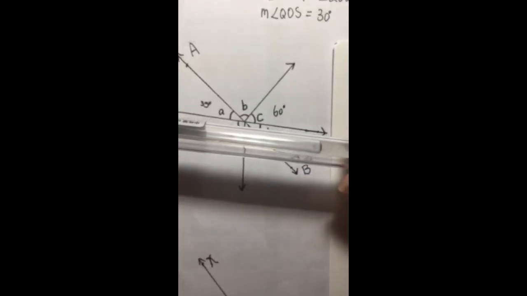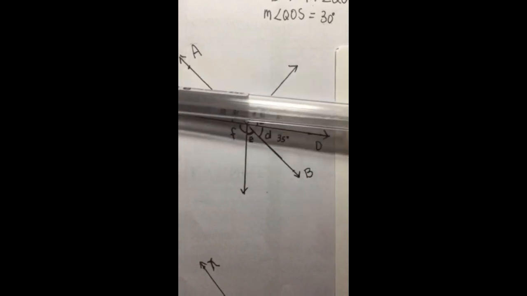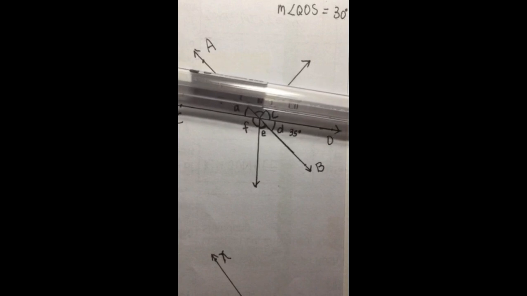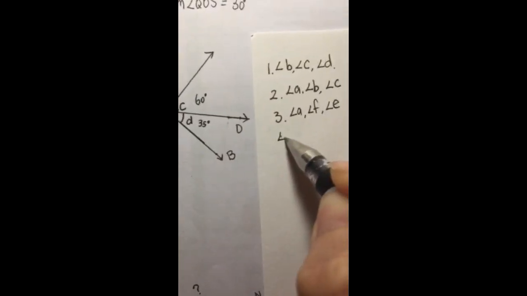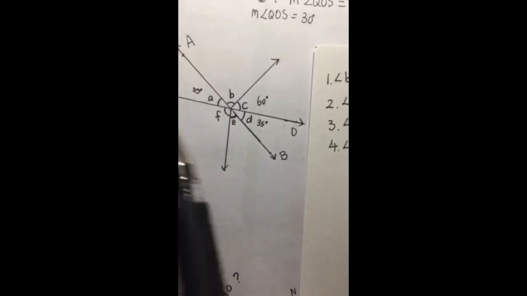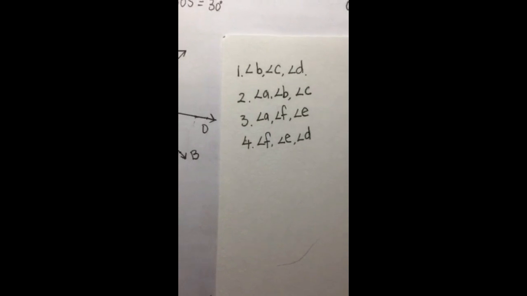We already found angle ABC, and angle FED are also angles on line CD. So angle F, angle E, angle D. Right. So if there are two lines, at least in this case, for the two lines, we found 4 sets of angles on the line.